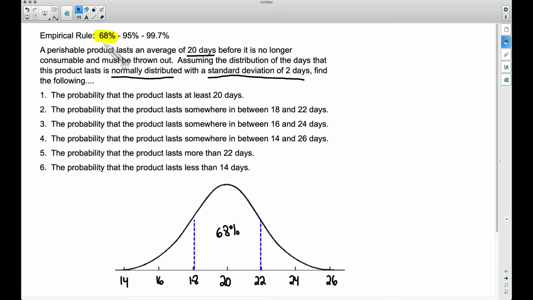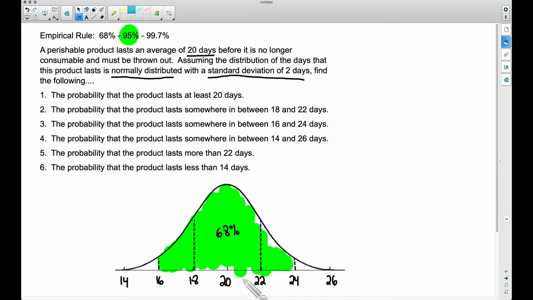Now, what about the 95%? The 95% is going to correspond to 2 standard deviations above and 2 standard deviations below. So let me highlight this section now. The probability that the product will last somewhere between 16 days and 24 days, that is going to be 95%.